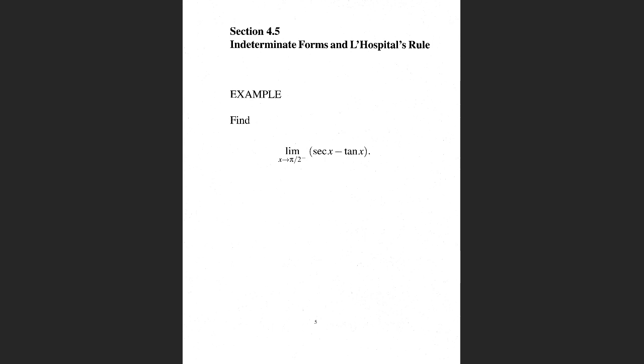How is the secant of x defined? Secant of x is, that's good, 1 over the cosine of x.